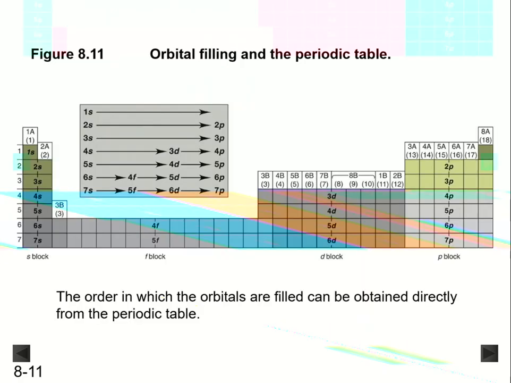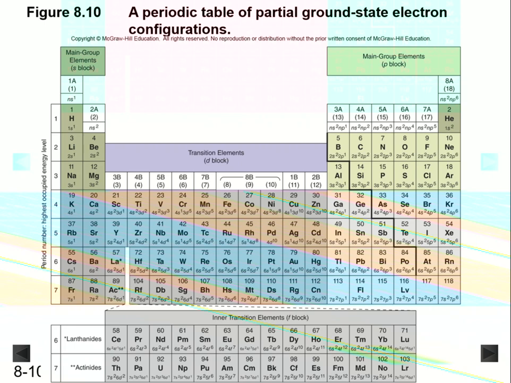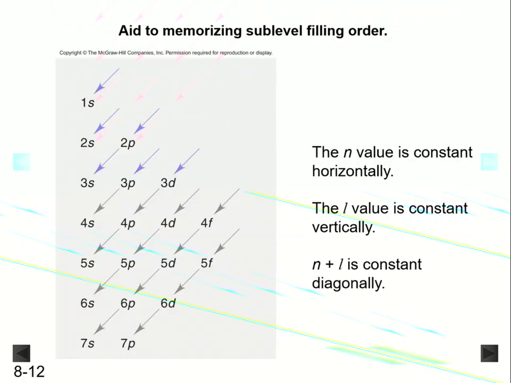And you can see lead up here is element number 82, and so you've got to put 82 electrons in, and they follow a nice pattern. You can look at this, but you're not going to need to memorize it.